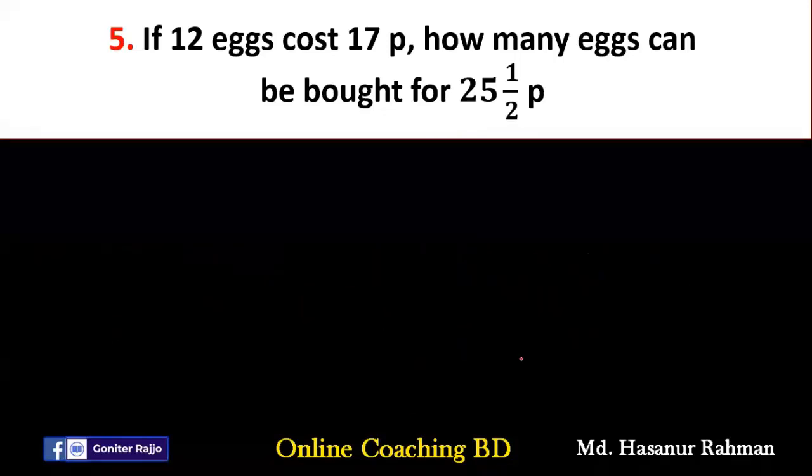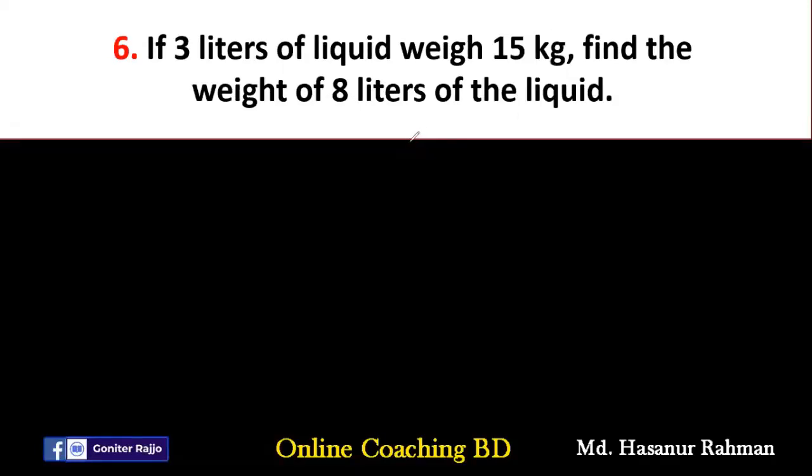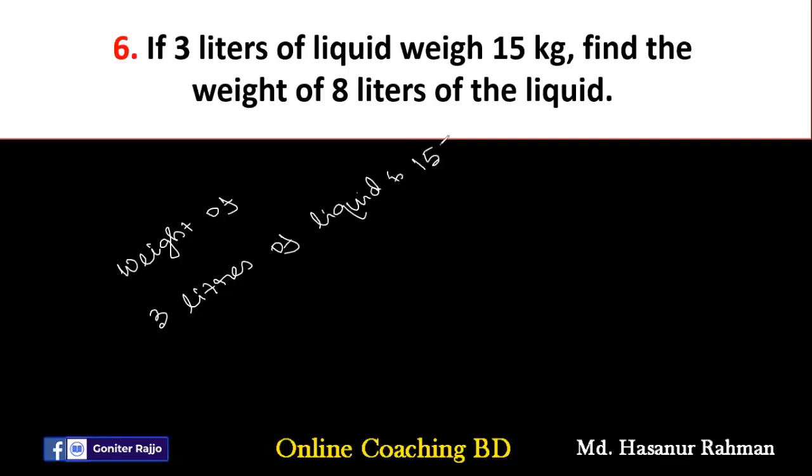Now number 6. Number 6 is: if 3 liters of liquid weigh 15 kg, find the weight of 8 liters of the liquid. Very simple. So how can we solve this problem? We can write in this way. Weight of 3 liters of liquid is 15 kg.